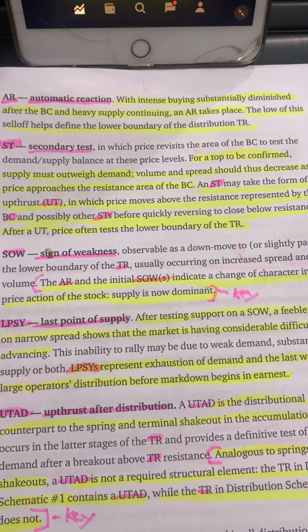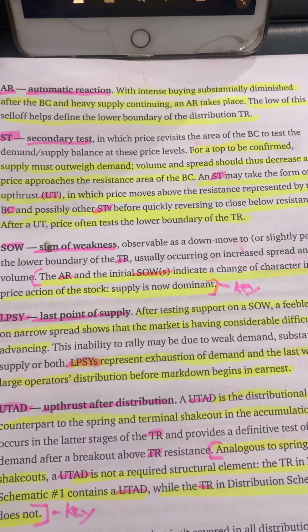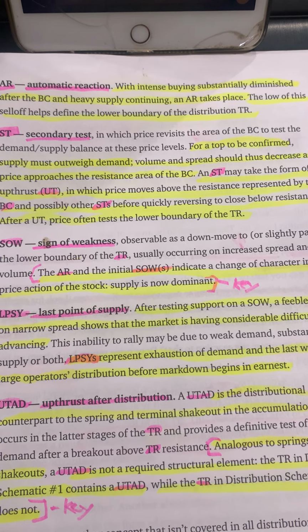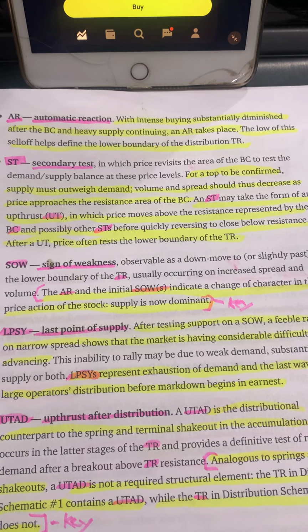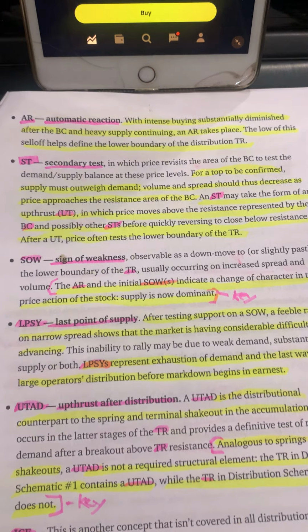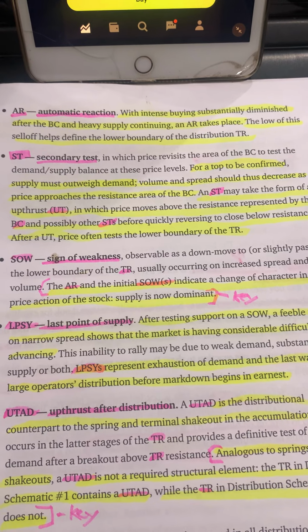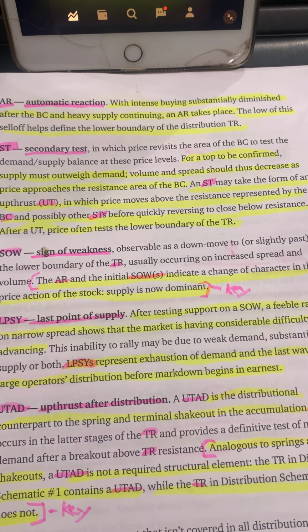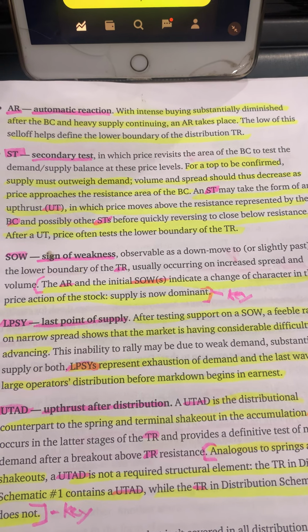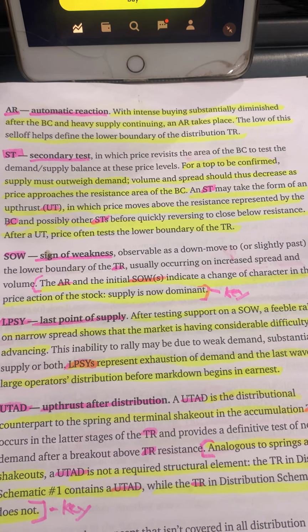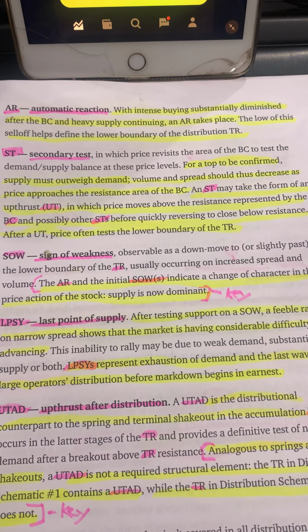The low of this sell-off helps define the low boundary of the distribution TR. ST, secondary test, in which the price revisits the area of the BC to test the demand and supply balance at these price levels.